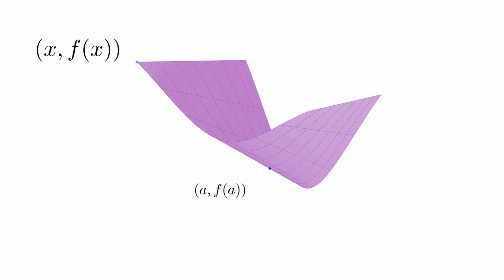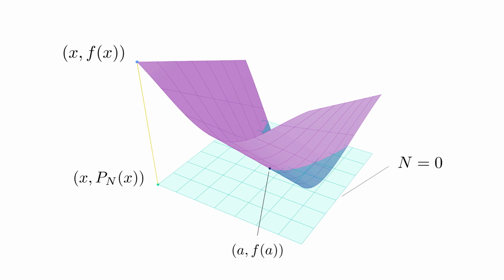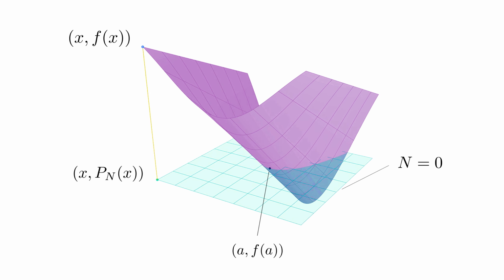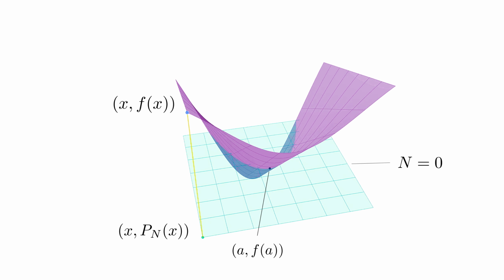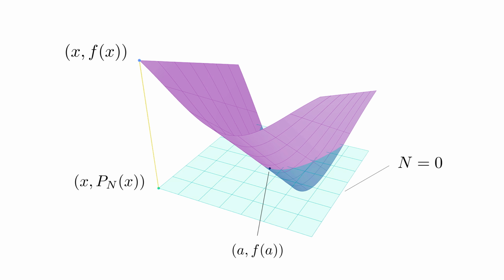Returning to our example, let's look at a few different Taylor polynomials, starting with n is 0. We can plot the graph of the 0th Taylor polynomial of our function. Since the polynomial is degree at most 0, this corresponds to a constant. So its graph is a flat plane. Taylor's theorem compares f and Pn at the 2D value x near the 2D value a.